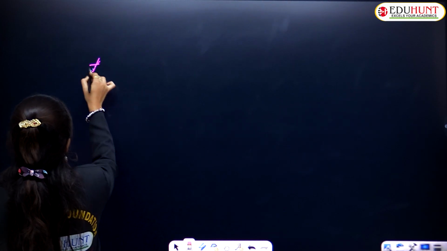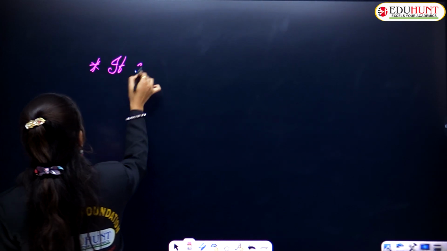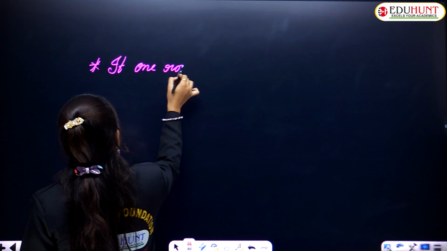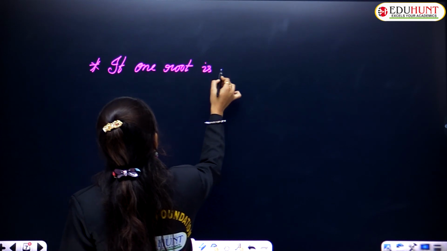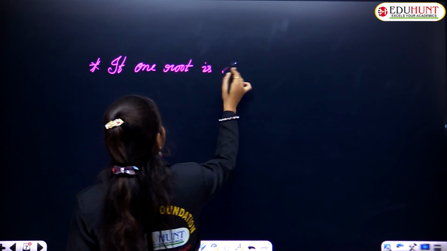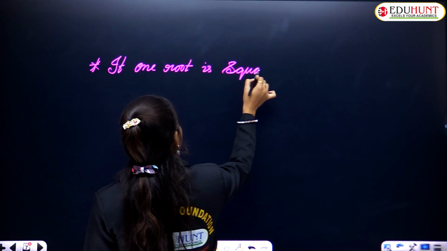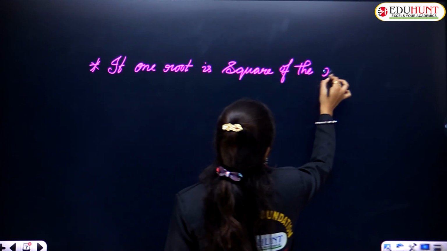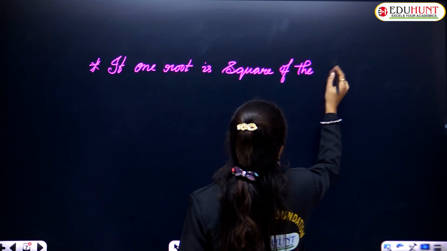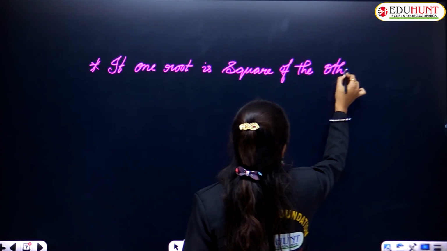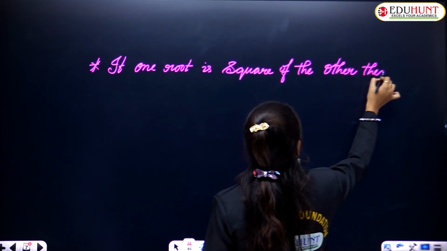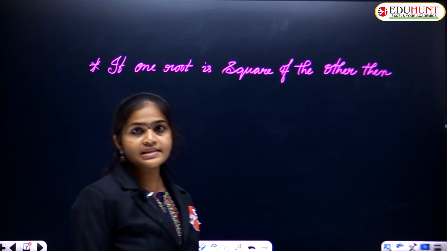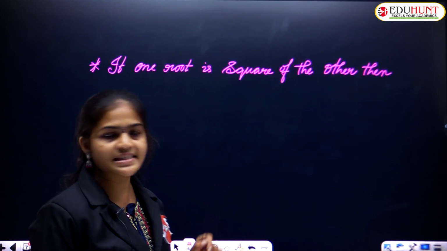What is that? If one root is square of the other, then what is the condition?